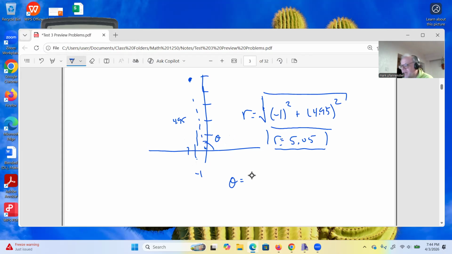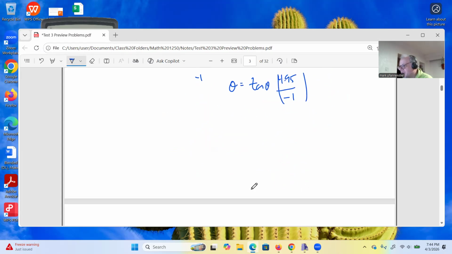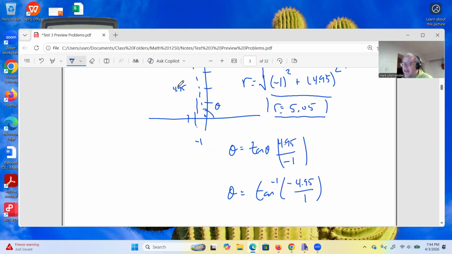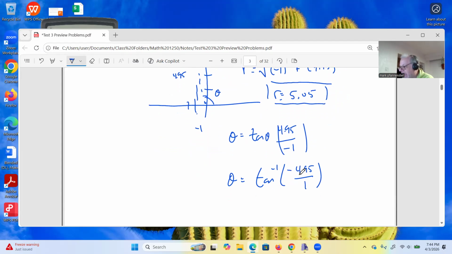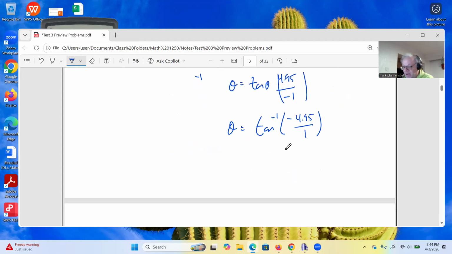So we're going to say that the tangent of theta must be equal to 4.95 over negative 1. Or we could say something clever like theta is equal to the inverse tangent of negative 4.95 over 1. Now we know, because we've worked with inverse trig functions a lot before, that this is going to give me an angle in the fourth quadrant.